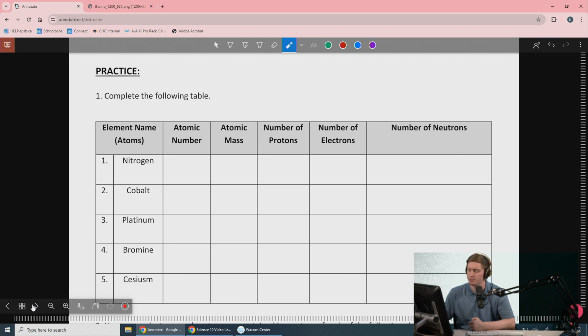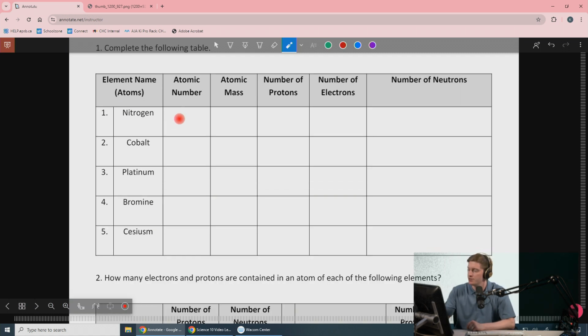This is some practice. I would encourage you to try this practice out on the next page. Just find what's your atomic number from the table, what's the atomic mass, number of protons, number of electrons, and then do your calculation of atomic mass minus atomic number to get your number of neutrons.